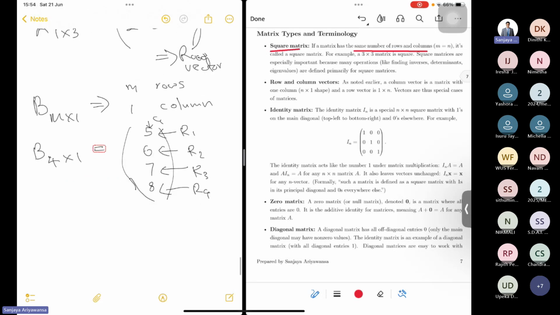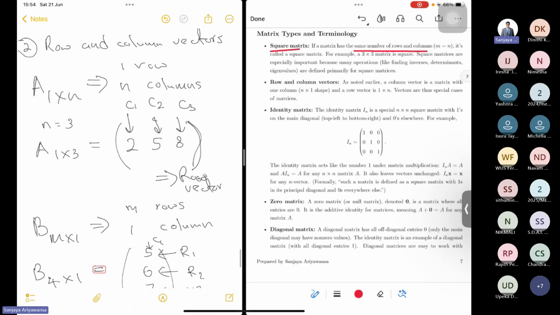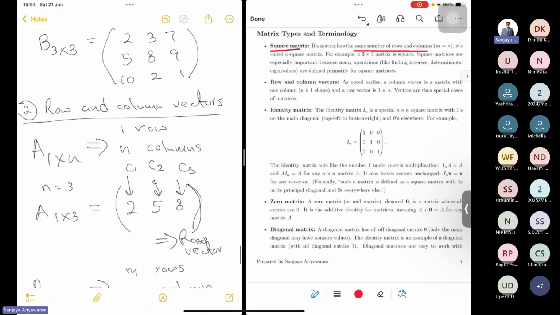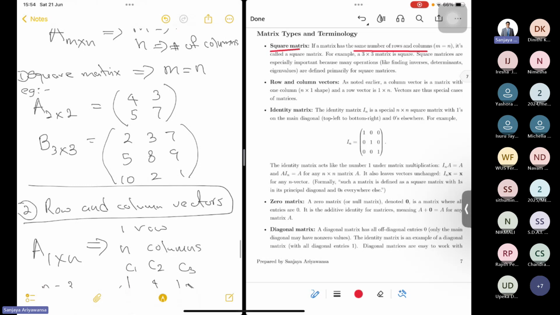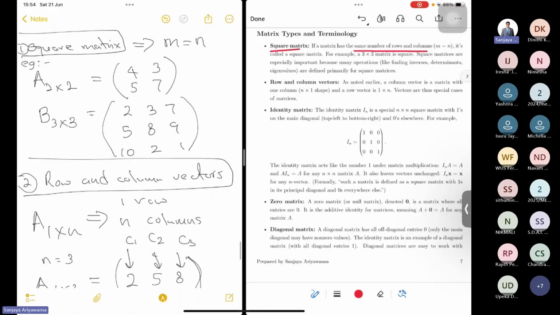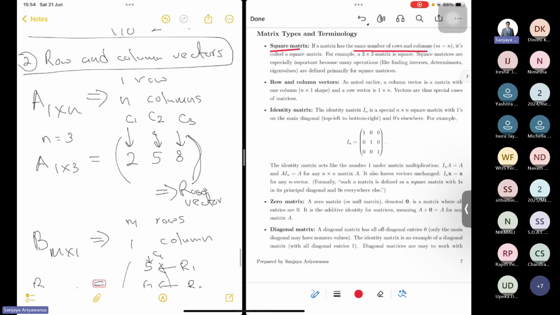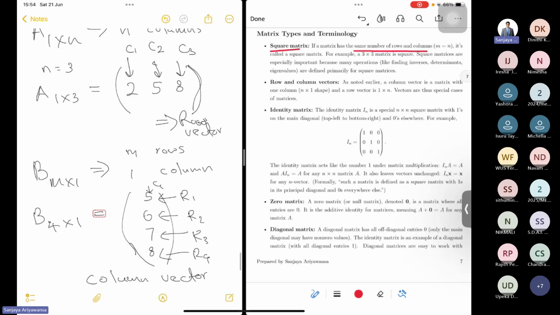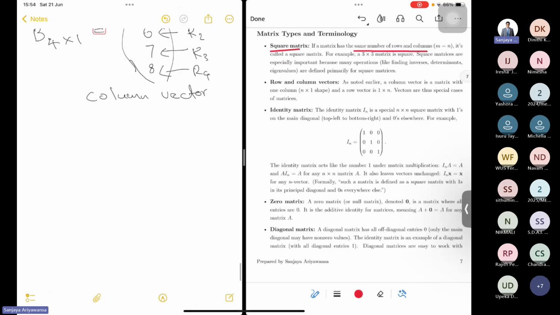So what is this? This is a column vector, right? These row vectors and column vectors are also special types of matrices. So we first looked at what a square matrix is. Then we looked at row and column vectors, which are also a special type of matrix. And then we come to the identity matrix.